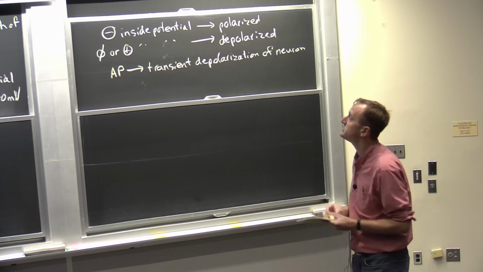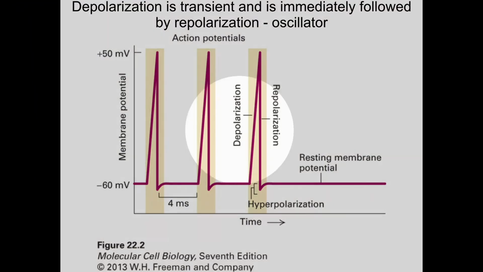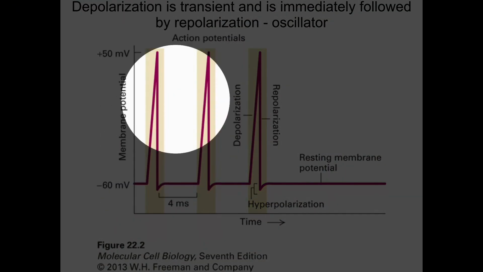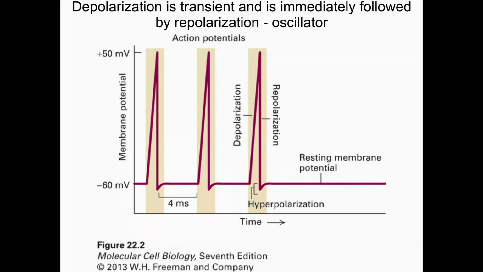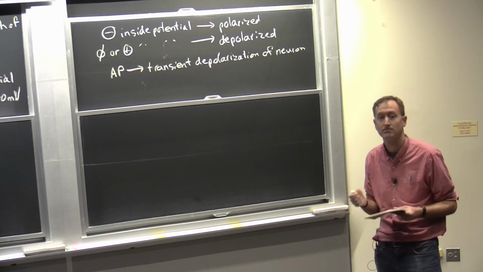And so what you see when you measure the voltage across the plasma membrane in a neuron is that it can spike and depolarize, but then it's rapidly restored to its resting state, okay? So it's a transient process.